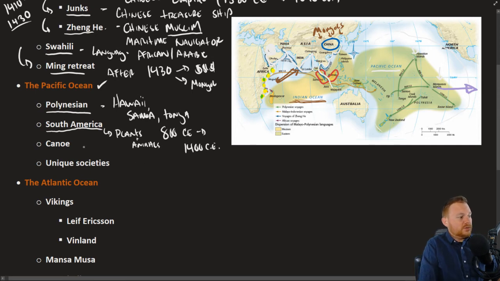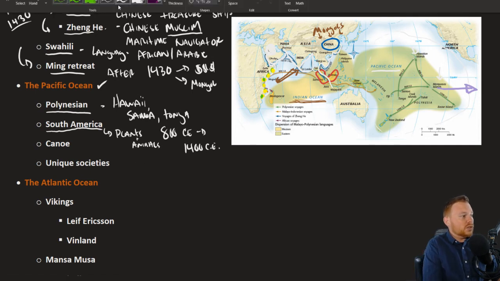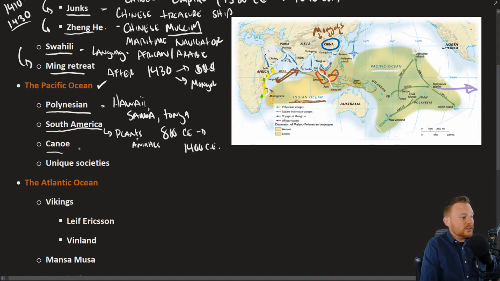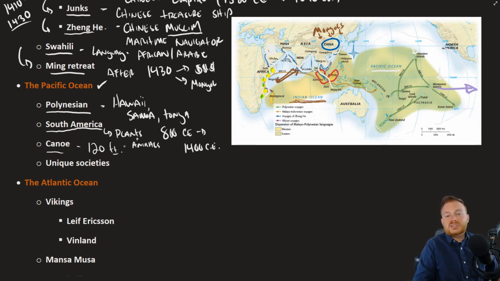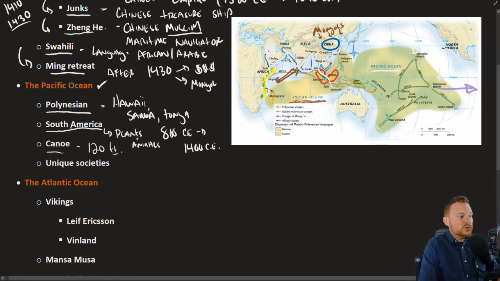The ships that Polynesians used were canoes. Now, they didn't utilize sailing technology, but they could be very large, 120 feet long, which would allow entire societies to move. And one of the reasons why Polynesian people were able to successfully settle many of the islands in the Pacific Ocean was because these canoes and these expeditions carried both men and women.